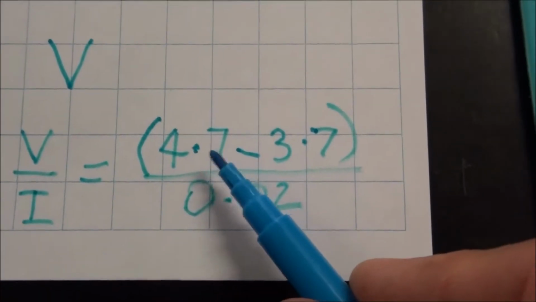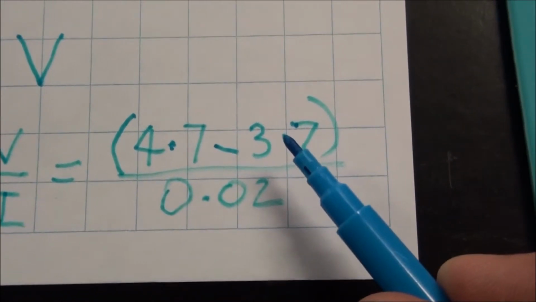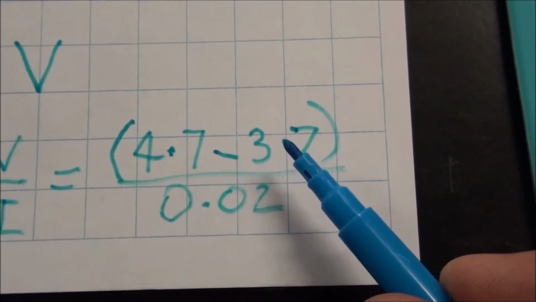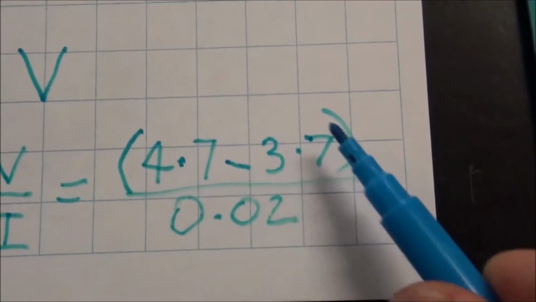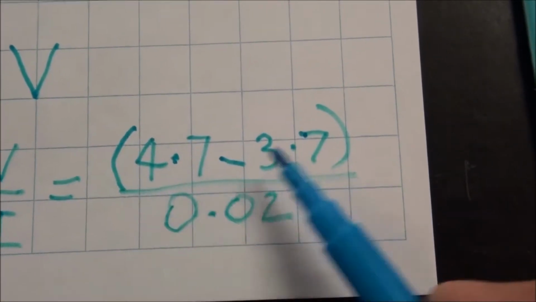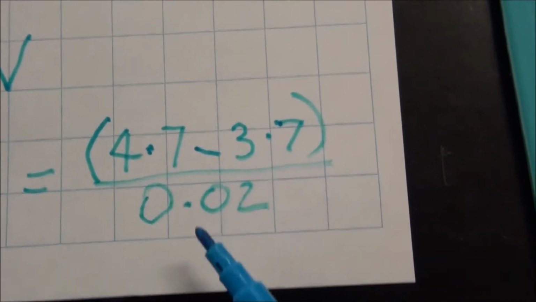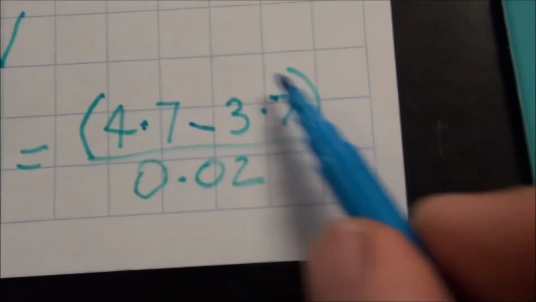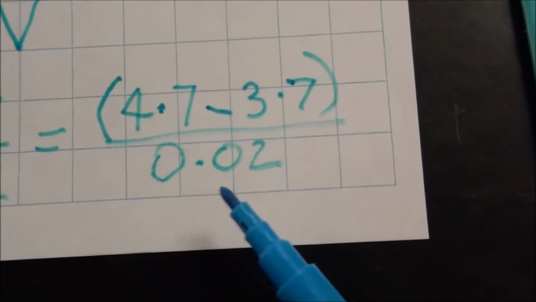So, voltage output by the Arduino board minus the voltage used up by the LED. What we get left over in terms of voltage is the voltage used by the resistor. Okay, and then that voltage used by the resistor divided by the ideal current will give us the optimal resistance of the resistor.